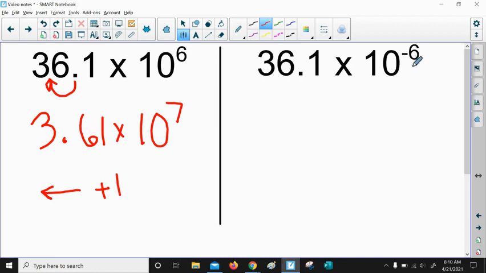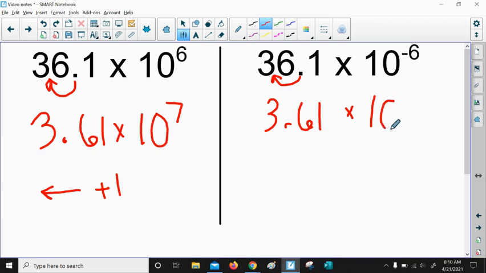Let's look at this example. I have a negative power, so my final answer in standard form will be a decimal point. I have to put this number into scientific notation. Again, I move the decimal one place to the left, 3.61 times.